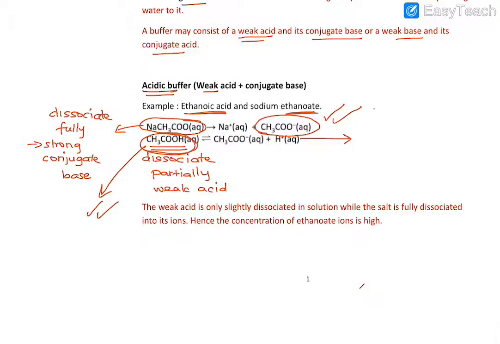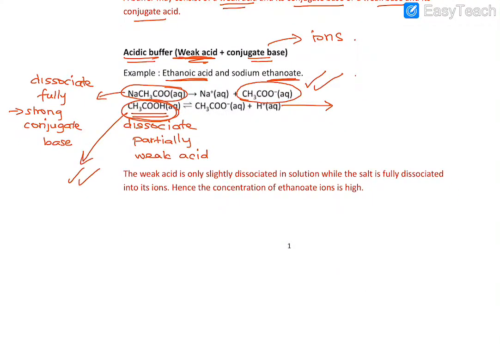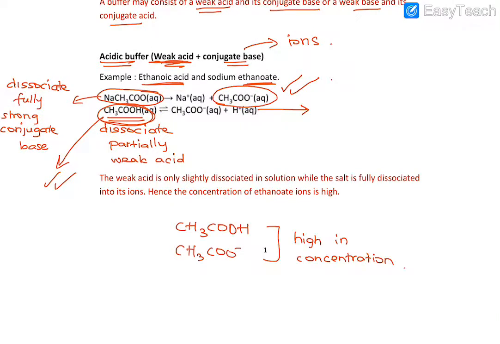So the weak acid remains undissociated and the salt dissociates to give the conjugate base ions. The solution has a mixture of a weak acid and its conjugate base, the salt.